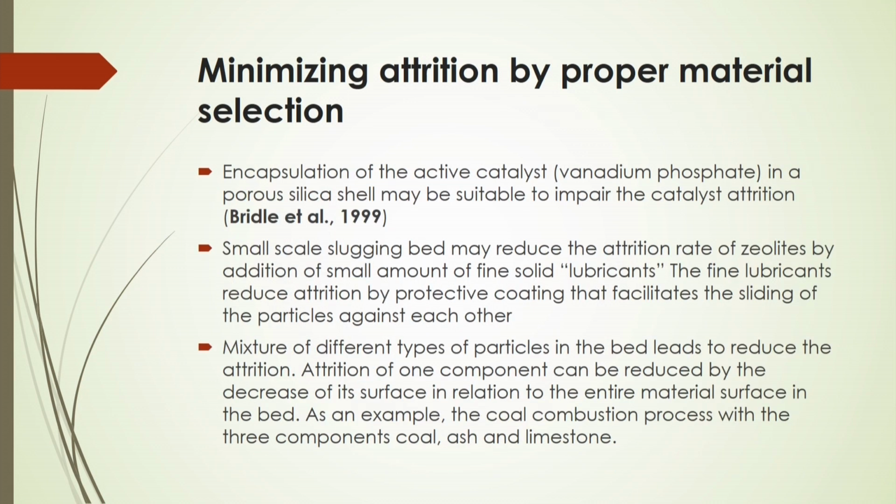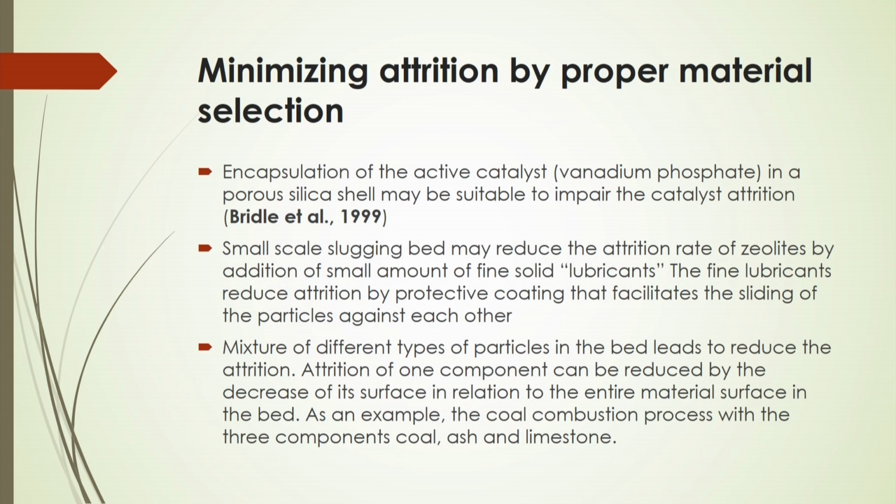1989. And encapsulation of the active catalyst, like vanadium phosphate, in a porous silica shell should be suitable to impair the catalyst attrition, as per Brittle et al. 1999. It is also seen that a small scale slugging bed may reduce the attrition rate of zeolites by addition of a small amount of fine solids, called lubricants.